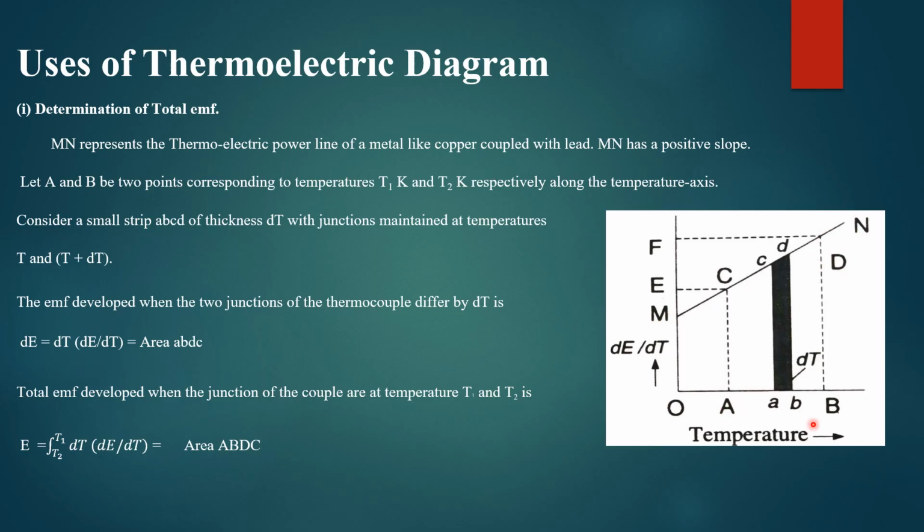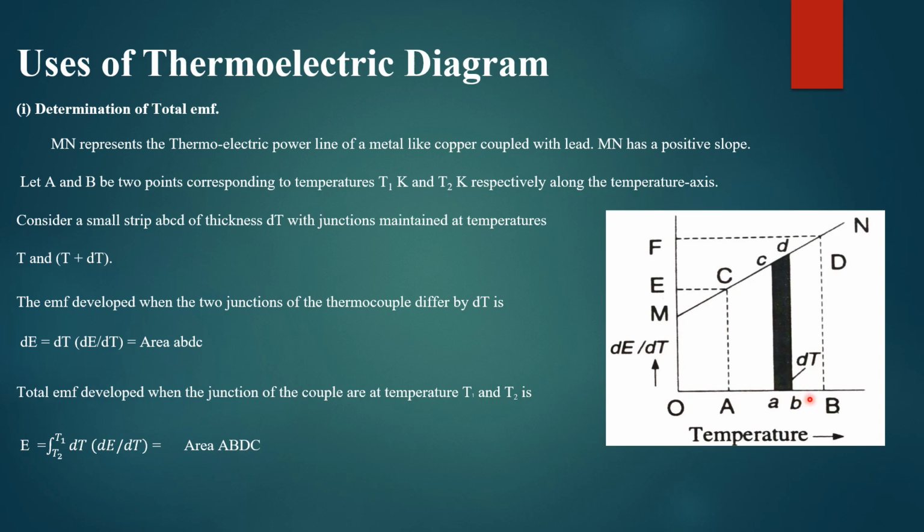Let A and B be two points corresponding to temperatures T1 and T2 along this temperature axis. Now consider the small strip ABCD of thickness dT with junctions maintained at temperatures T and T plus dT.